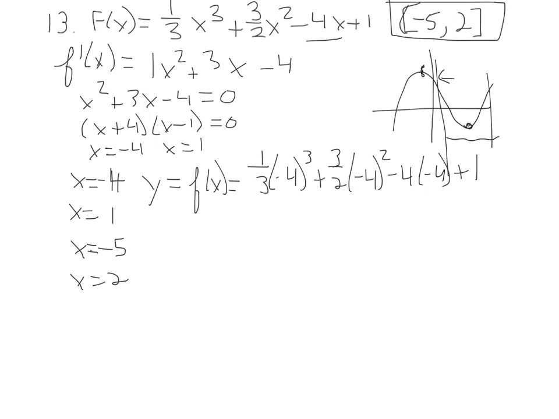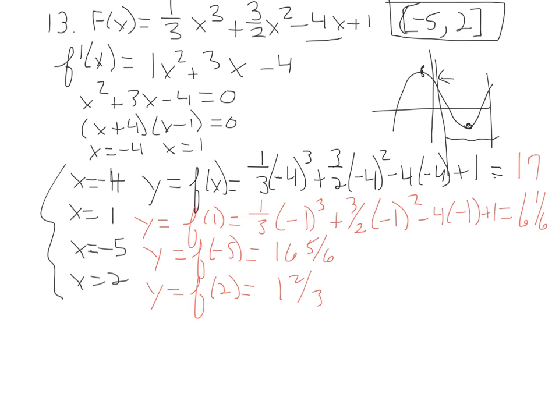I'm going to do that for each of these 4 values here, and I'm going to see what it comes out to for the y value, and then I'm just going to compare, and I'm looking for the lowest y value, I'm looking for the highest y value in that interval just between minus 5 and 2. So I'm going to put you on pause to save time. I'm going to do some calculations, and I'm going to come back and talk to you about which y value we end up with here.